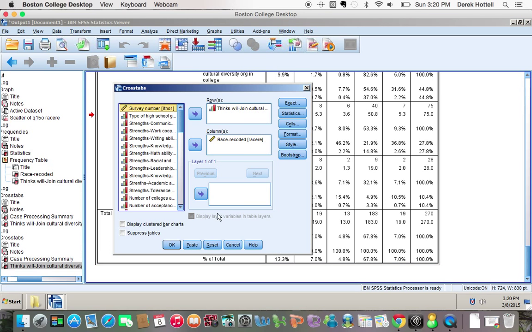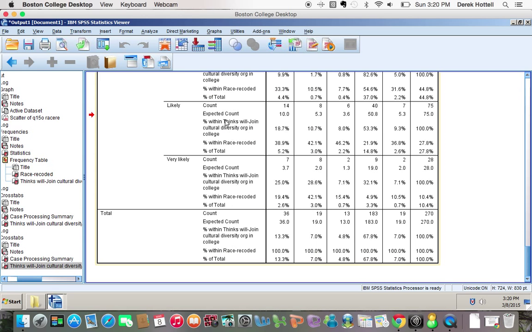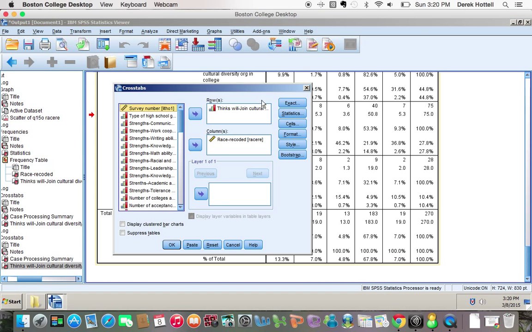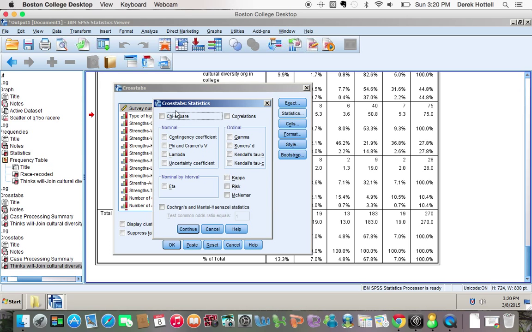And so all you have to do to be able to run that test, and I'm sorry, I should explain that, is go to Analyze, Descriptive Statistics, Crosstabs, and then we're going to click Statistics. And we want to run chi-square. Now we could run a correlation in here too, but as we discussed earlier, it's not very meaningful because we're working with nominal level data. And so let's look at chi-square.